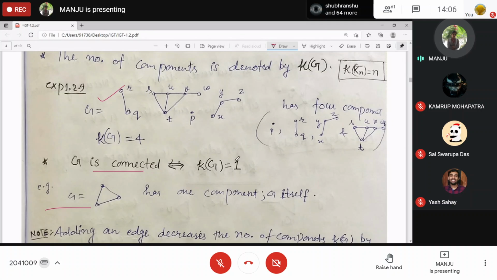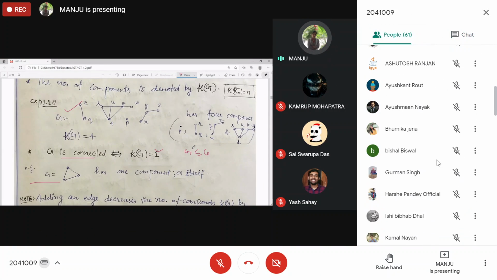Number of components is 1 means the maximal connected subgraph of G is just 1. We know that G is a subgraph of G itself, right? And we are saying that for this type of graph, the maximal is just 1.